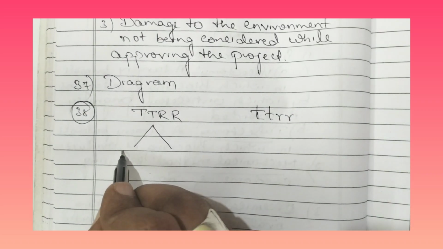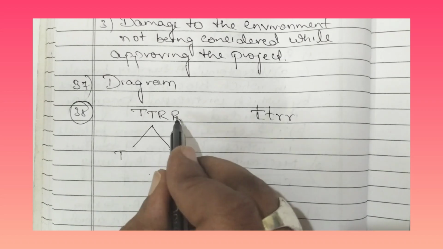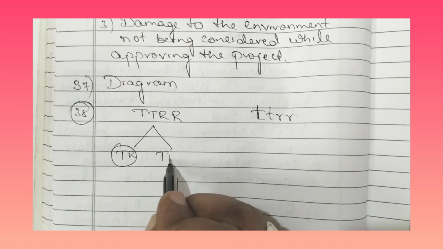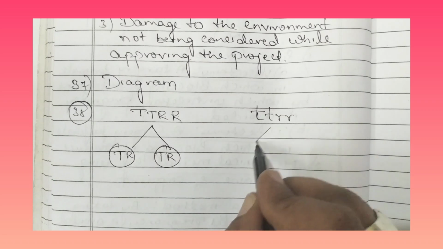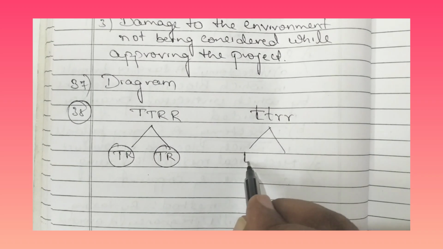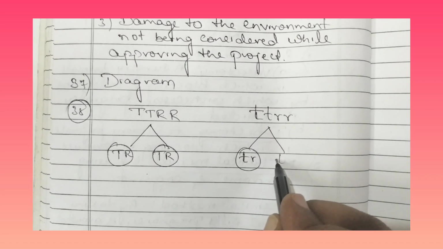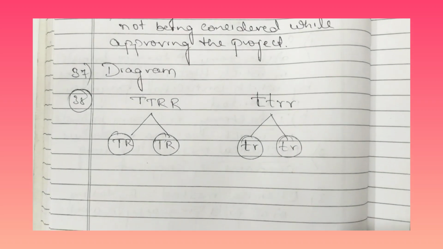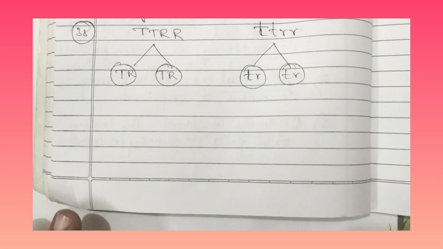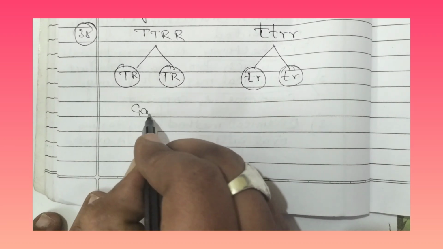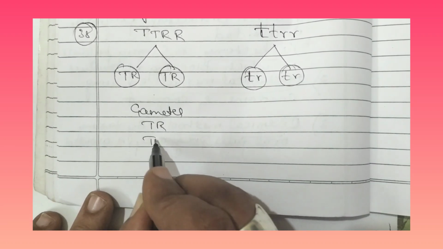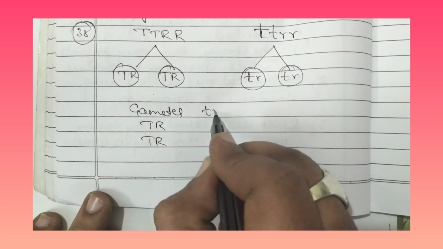So now from here capital T, then from here capital R. These are the gametes, capital T, capital R. Then from here small t, small r. So these are the gametes. These gametes are cross pollinated now. So gametes, capital T, capital R, capital T, capital R, small t, small r.